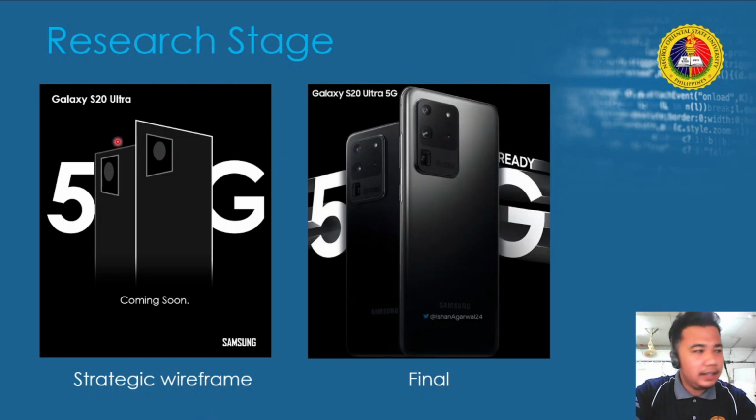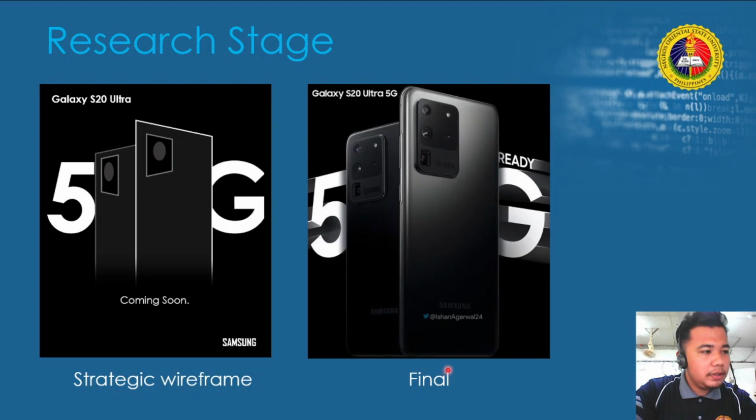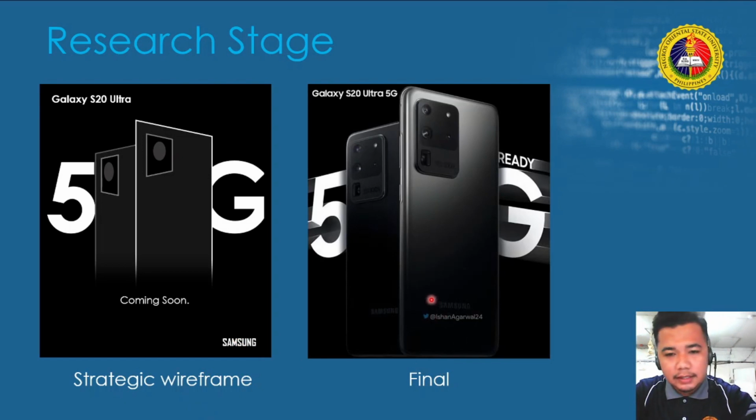So we have here the actual phones, and then Galaxy S20 Ultra. And this time we've added a few tweaks from our strategic wireframe and then removed something else. So let's say "coming soon," we've removed it, but we can just add it in at a later time. And then we removed the Samsung, because our device already has the Samsung word on it.